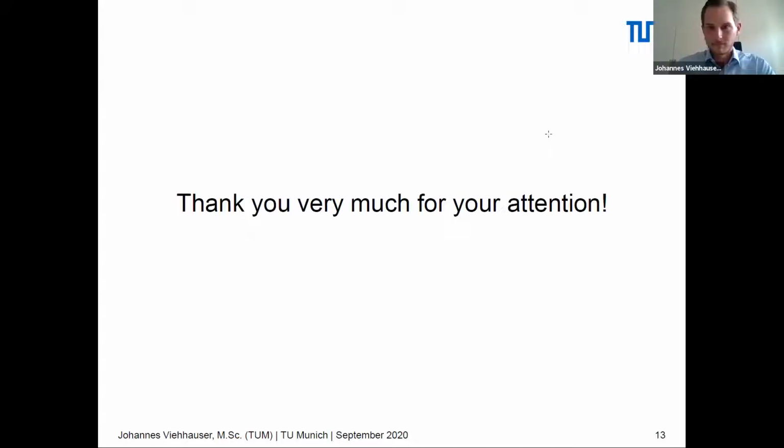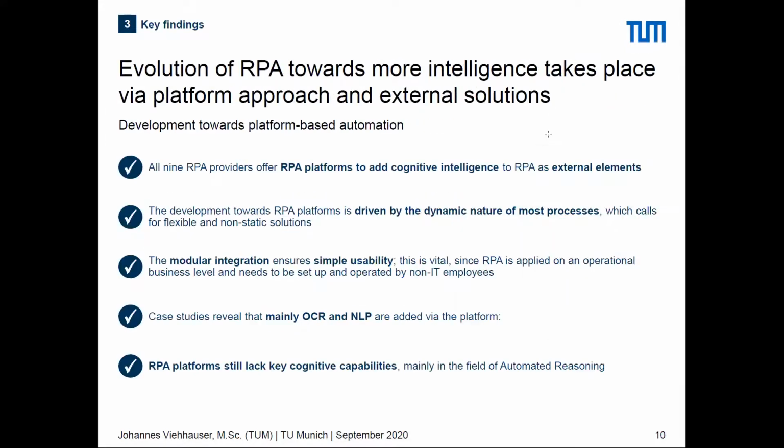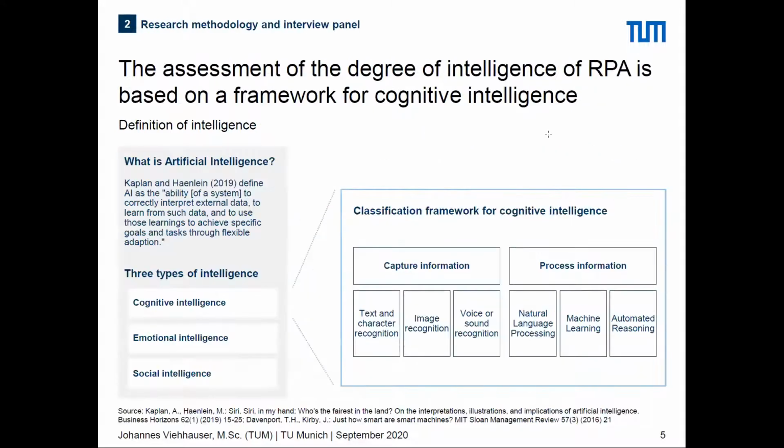Okay, thank you, Johannes, for your presentation. I think we still think it's not intelligent enough for what we consider intelligence so far. So my question is about what we consider intelligence. In a previous project, we were thinking that RPA will be able, in the close future, to deal with adaptation of processes.